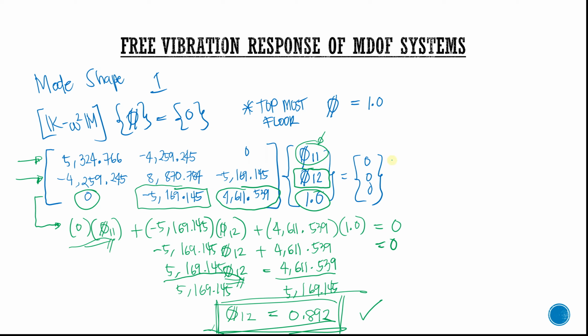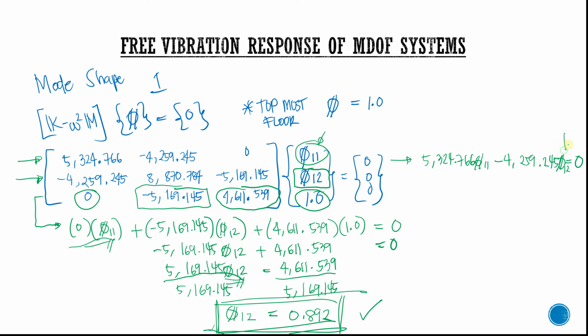So for the first row, we can rewrite that as 5,324.766 times P11, minus 4,259.245 times P12, is equal to 0.